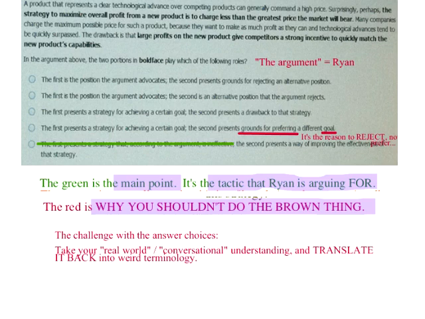So, not that. This one, the problem with C here is, again, it's not that strategy. Make sure you notice words like that and this. That would mean the one we were just talking about. It's not a drawback to the green thing.